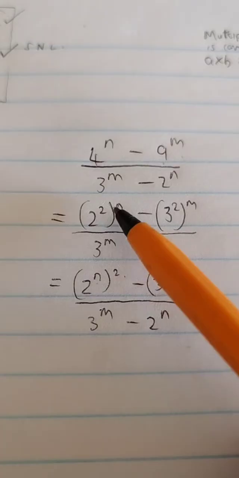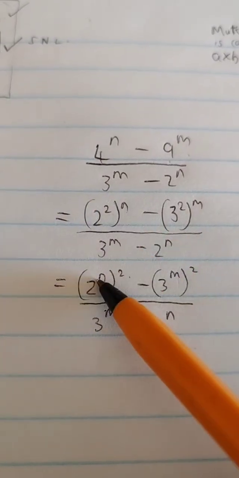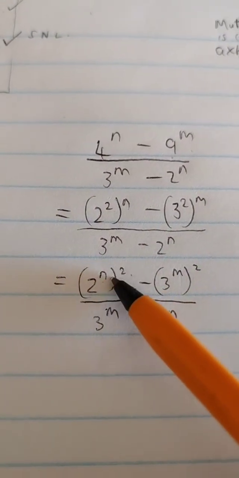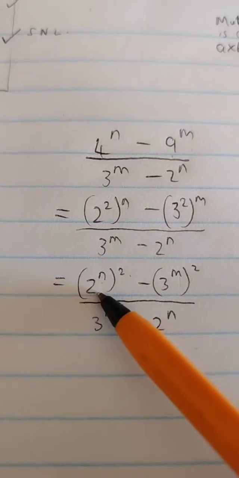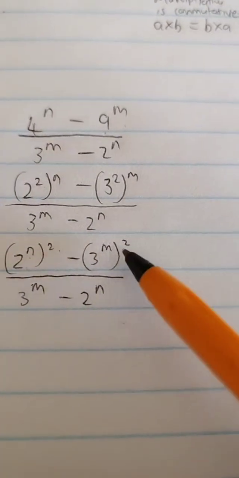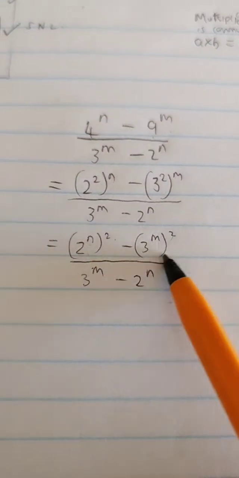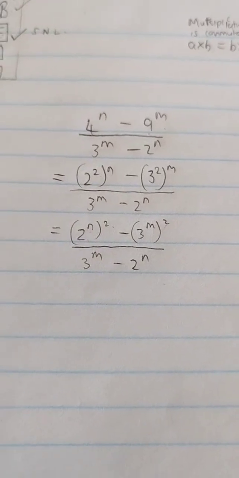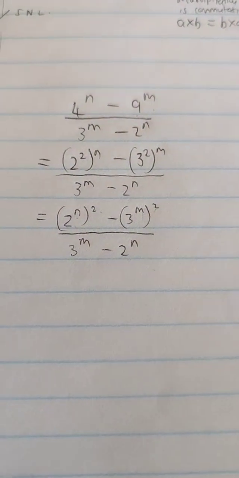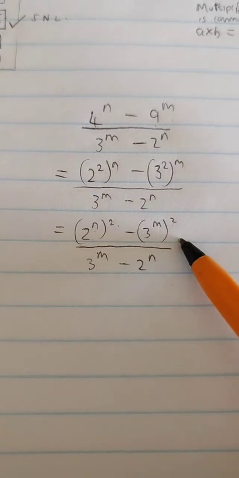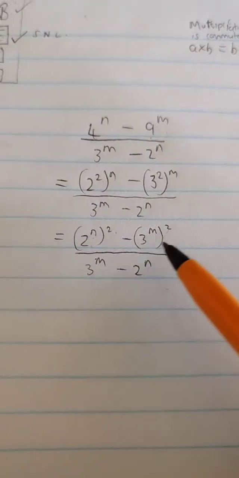So what I've just done here is I've written 2 to the power n, squared. There are 2 of these, 2 to the power n, and 2 of these, 3 to the power m. In the denominator, I have 3 to the power m minus 2 to the power n.